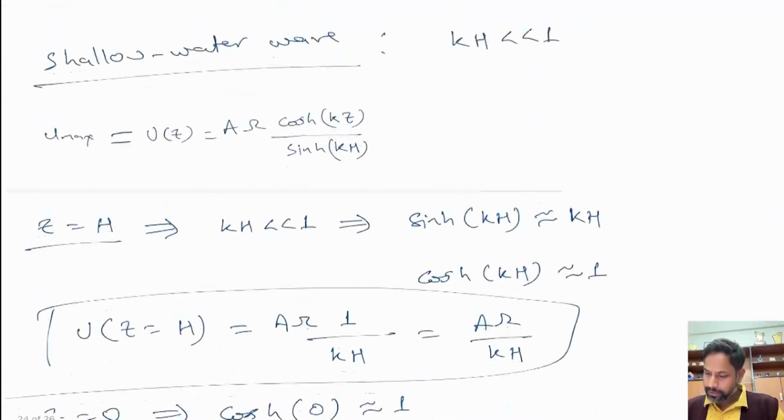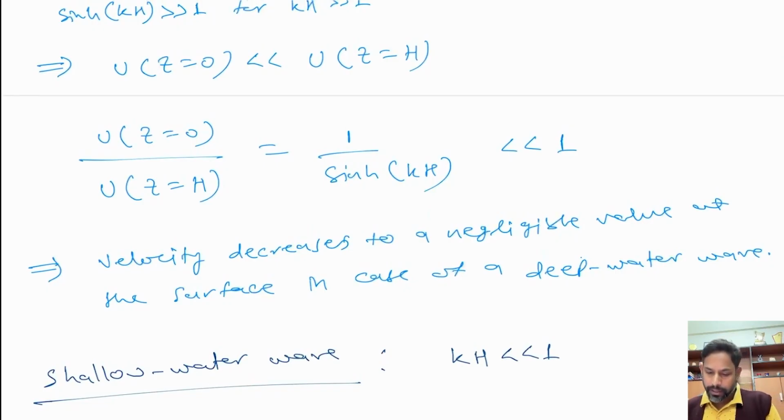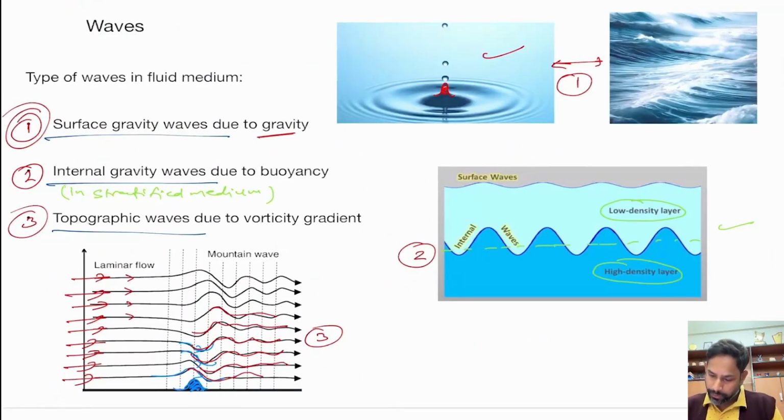Okay, so here we conclude our lecture for water waves. And in this case, to quickly rewind, we studied just one kind of waves, which is surface gravity waves, but there are other types of waves like internal gravity waves or topographic waves. But given the constraint we have in terms of time, we are able to only consider surface gravity waves but not other waves.